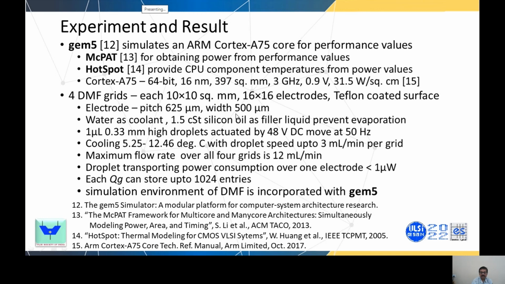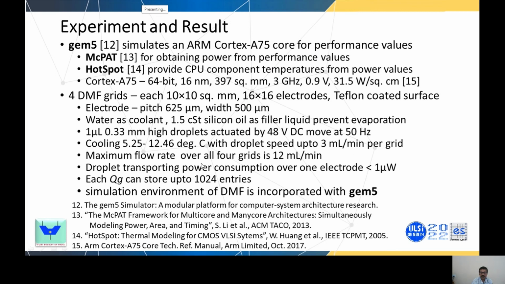The simulation environment for 4 DMF grids has been implemented. Each grid has 16 by 16 electrodes, and each droplet is 1 microliter and has a cooling ability of 5.25 to 12.46 degrees Celsius, with droplet speed up to 4 milliliter per minute in each grid.